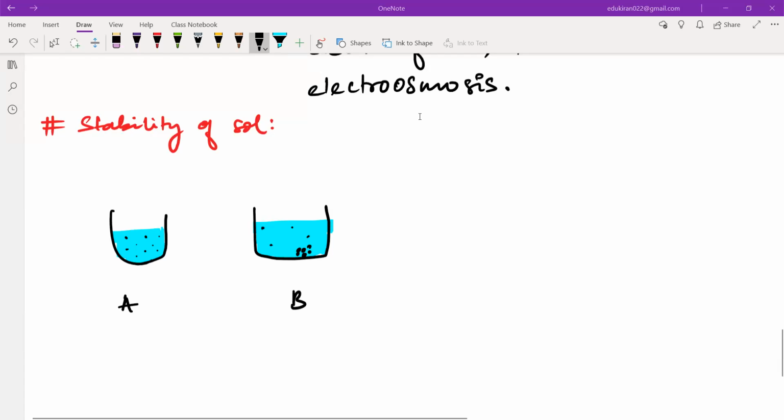If something looks more like a sol, that means it is more stable, right? Like if I ask what is more human, a human person or an animal, obviously the human. So the one which looks more like a sol is the more stable sol. Okay, fine. So we understand that aggregation is the part which brings destability.